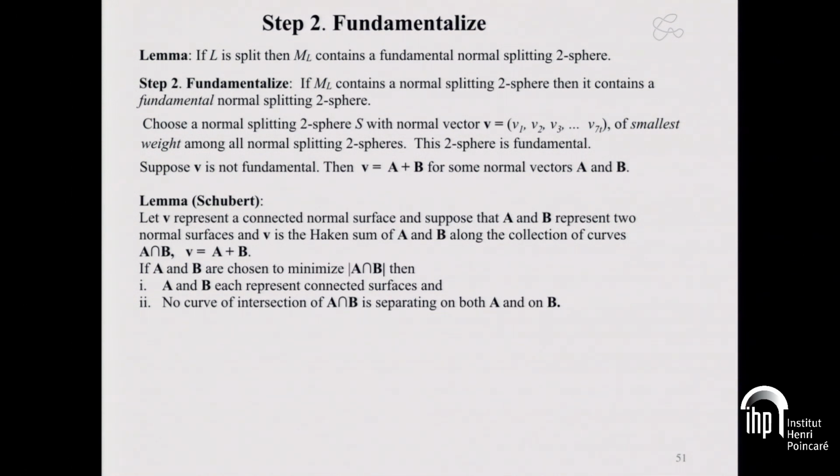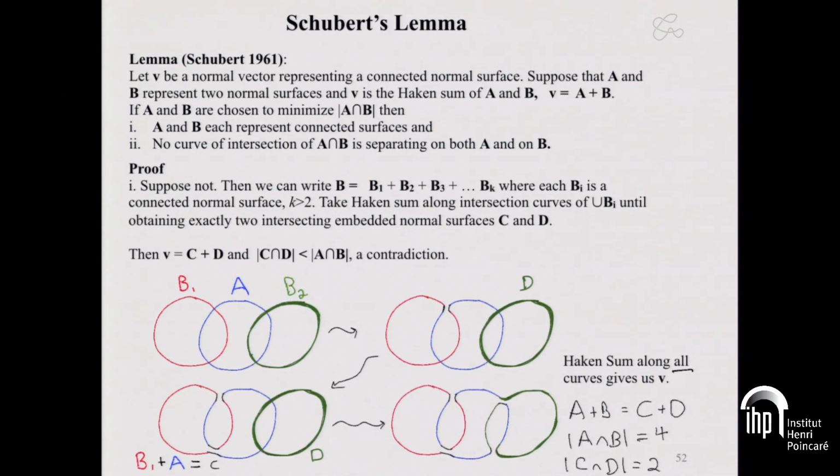So they'll intersect in curves. Let's minimize the number of curves of intersection of A and B. And Schubert says if we do that, then A and B will each be connected, and none of the intersection curves will be separating on both the surface A and on the surface B. So let me show you why those are true.